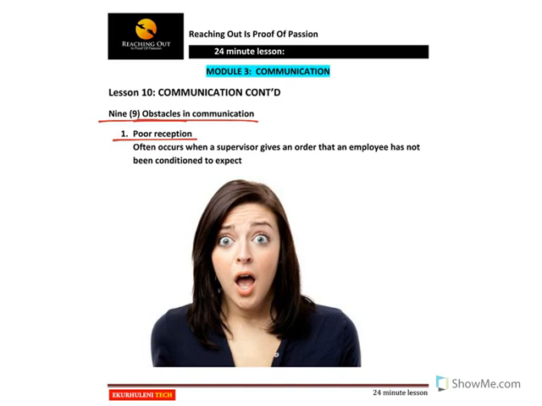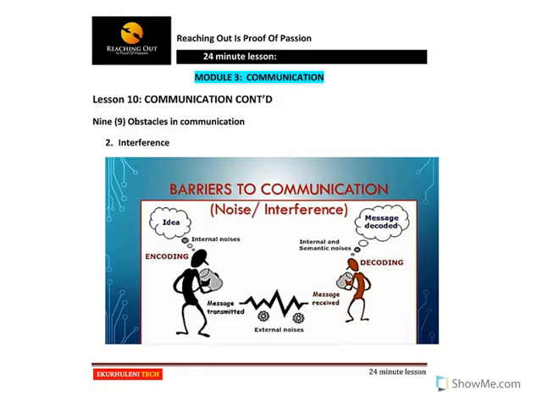They are not conditioned to expect that kind of an instruction from you. For example, you can ask your lower level subordinate to go and represent you in a higher level management meeting. They are not conditioned or not used to being given such a responsibility. So that's what we mean by saying there is poor reception.